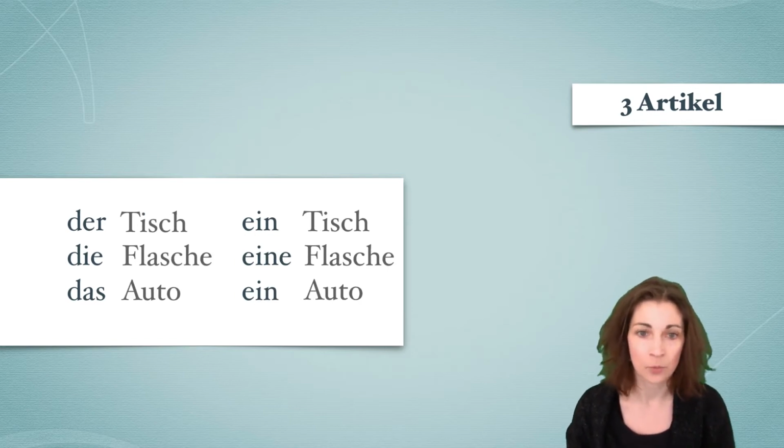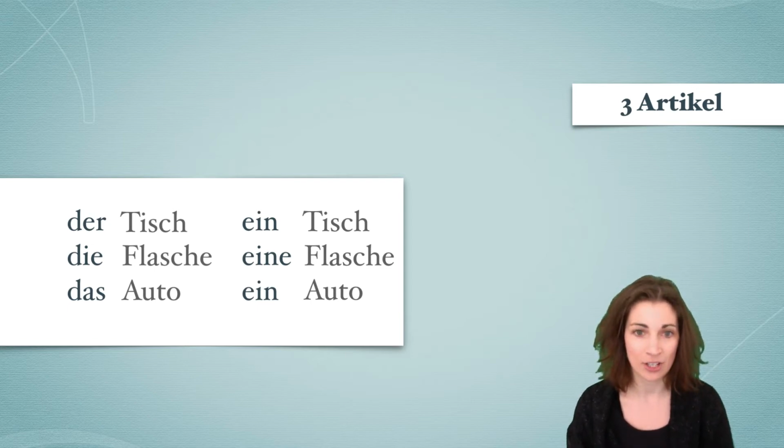Then let's look at these words here. Der Tisch, the table. Die Flasche, the bottle. Das Auto, the car. Here, the articles do not make any sense. So you should just learn them with the word.